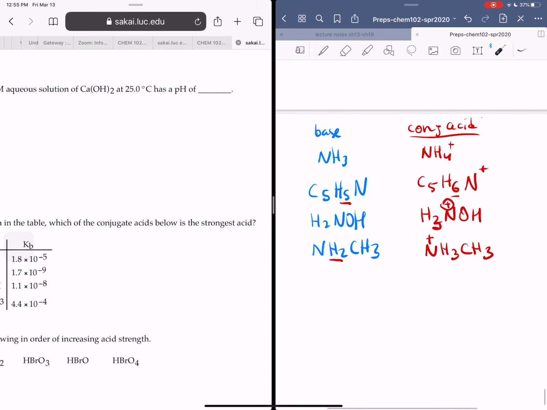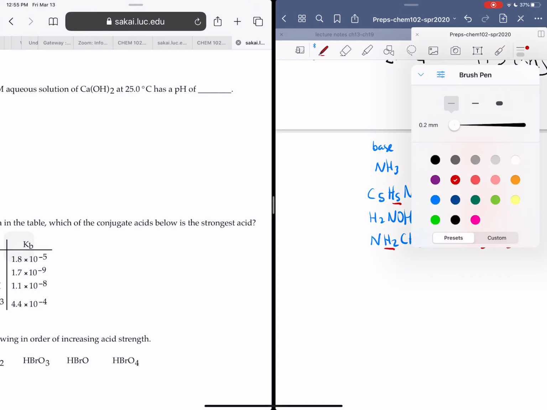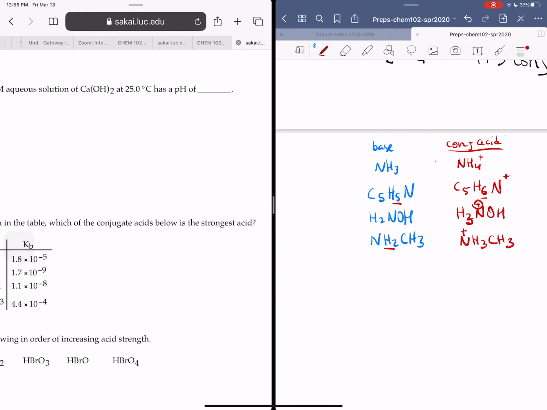So we have the conjugate acids, and let's write down the values of the Kbs: 1.8 times 10 to the negative 5th, 1.7 times 10 to the negative 9th, 1.1 times 10 to the negative 8th, 4.4 times 10 to the negative 4th.